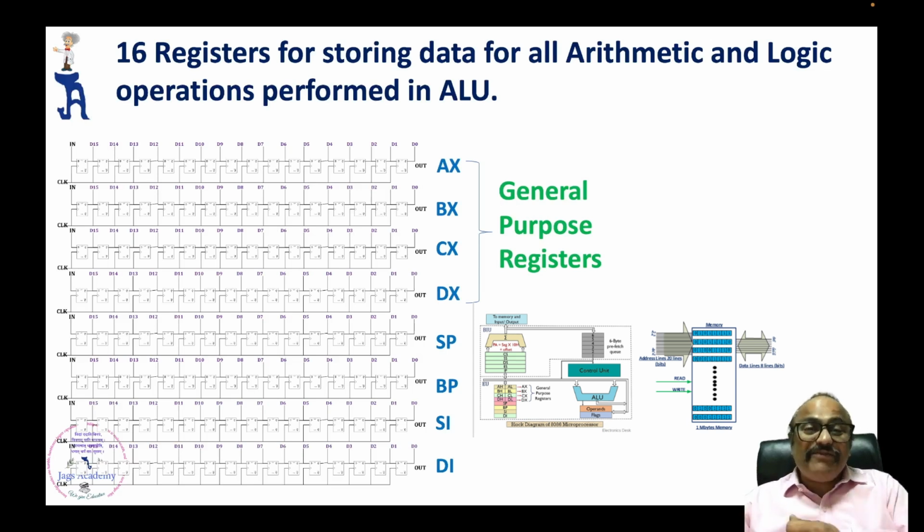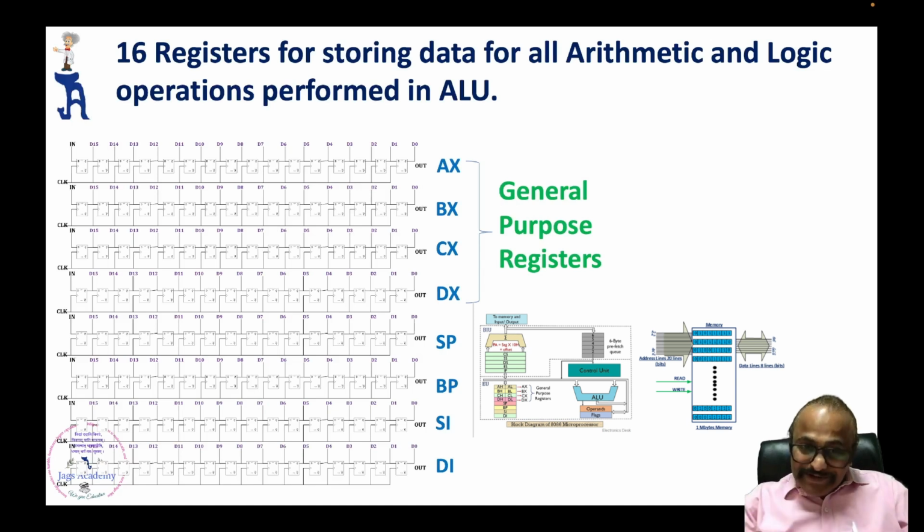To fetch data from the memory, or to store data in the memory, you need an address in the memory. That address is nothing but a pointer, and that pointer can be stored in SP, BP, SI and DI.